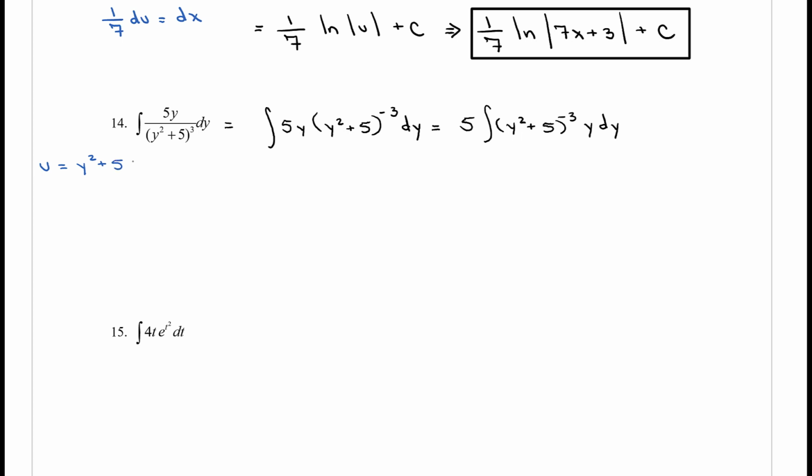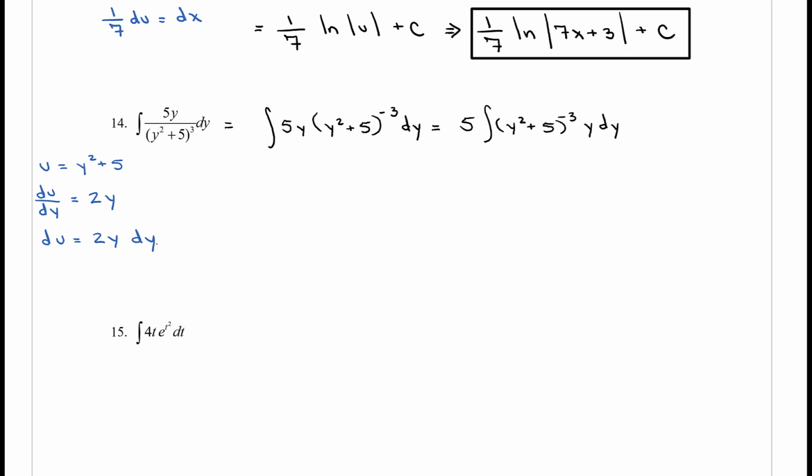So now let's take the derivative of this. So our du dy is going to be equal to 2y, because the derivative of y squared plus 5 is just 2y. And now I need to rewrite this in a way that it's going to make this fit nicely here. So I'm going to have du is equal to 2y dy.